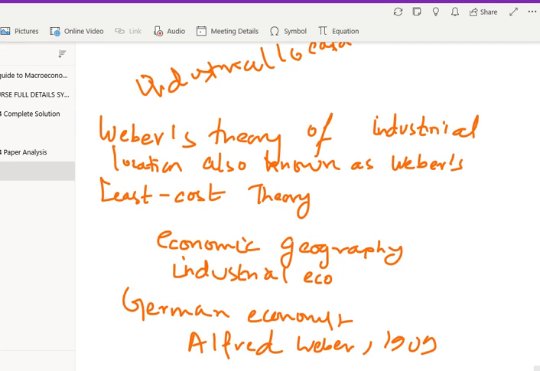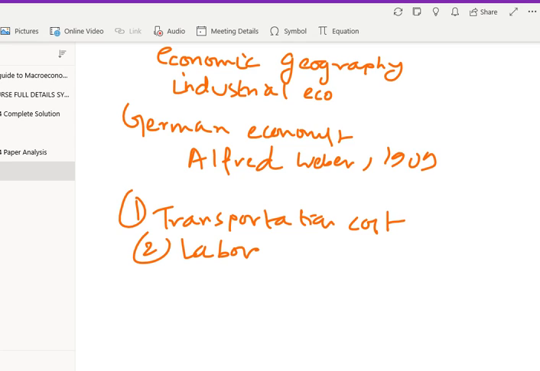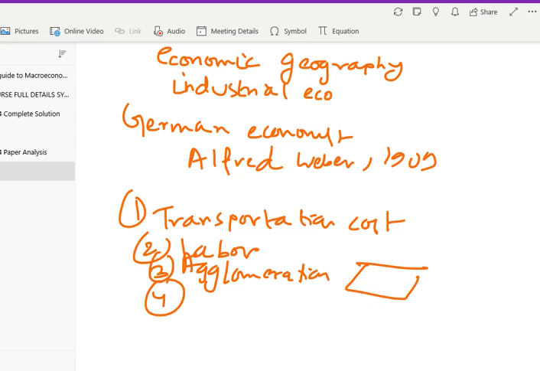Now first you should give the core premises for this one. There are four premises: transportation cost that is involved with it, then labor cost, then agglomeration. Like in one area, if there is a land and many people are getting into that land, there are many divisions for that.